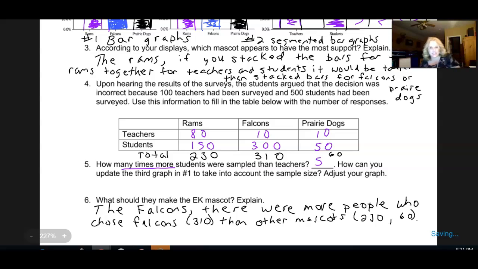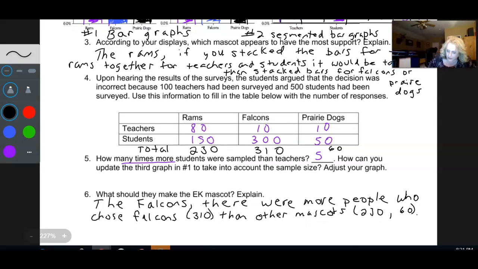So you can see in the new graph, and I'll write this out, because the Falcon sections cover most of the area, okay?